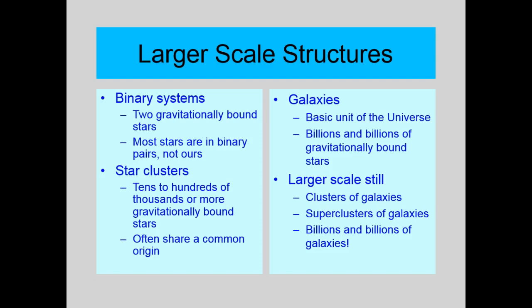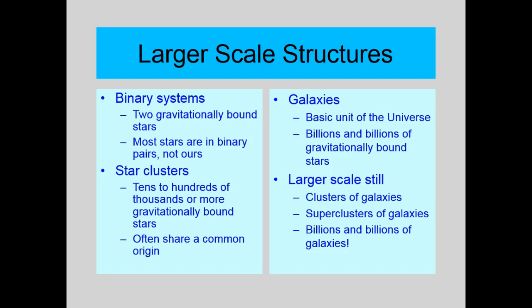Then we have galaxies. Now, believe it or not, the basic unit of the universe is not a planet. We're pieces of dust. It's not a star. I would have thought that was the basic unit of the universe. No. The basic unit of the universe is a galaxy. Okay? And galaxies are billions and billions of gravitationally bound stars. But guess what? You have clusters of galaxies, just like you have clusters of stars within a galaxy.